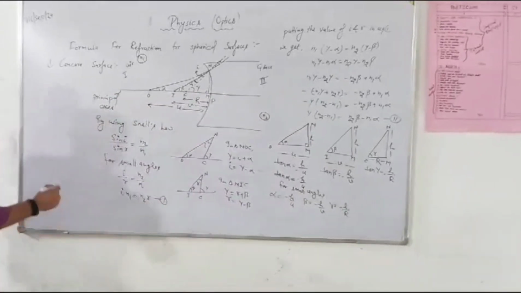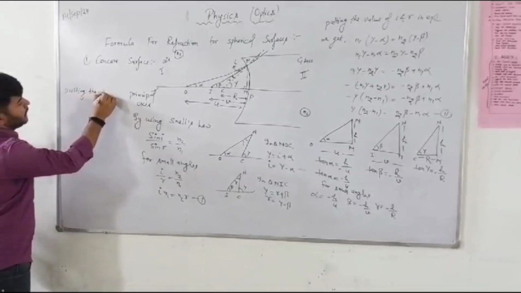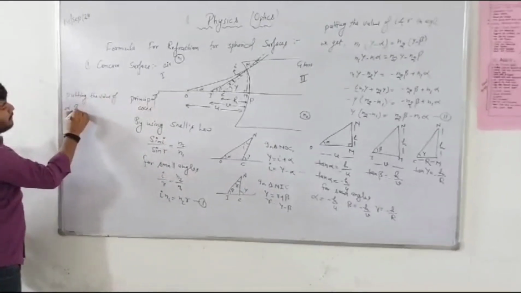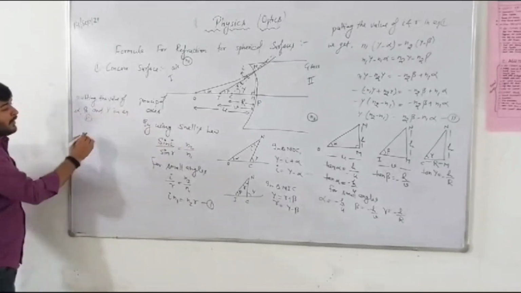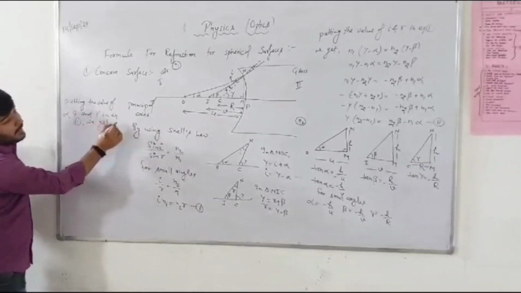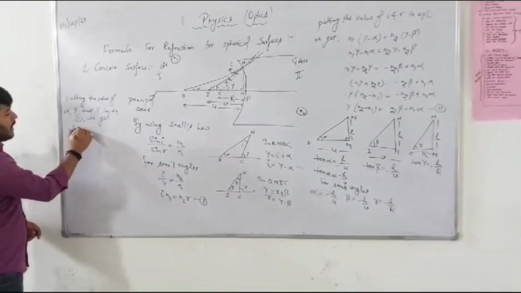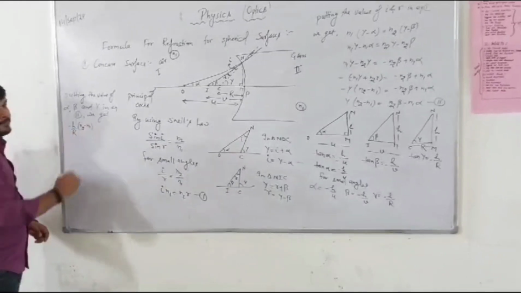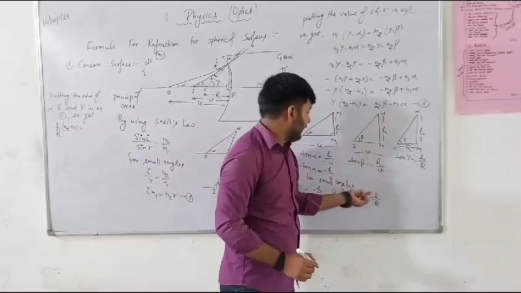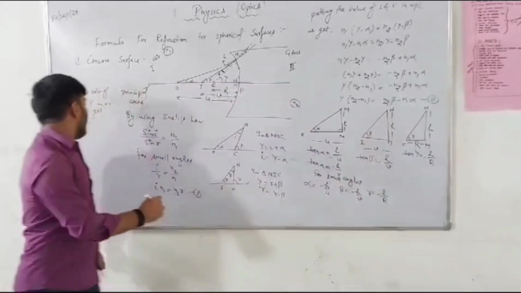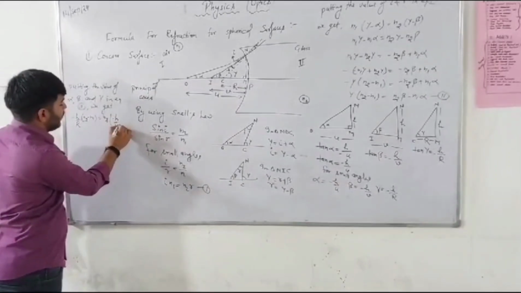So we get, putting the values of alpha, beta, and gamma in the second equation: the value of gamma is minus h upon r, multiplied by N2 minus N1, which equals N2 times the value of beta, which is minus h upon v.